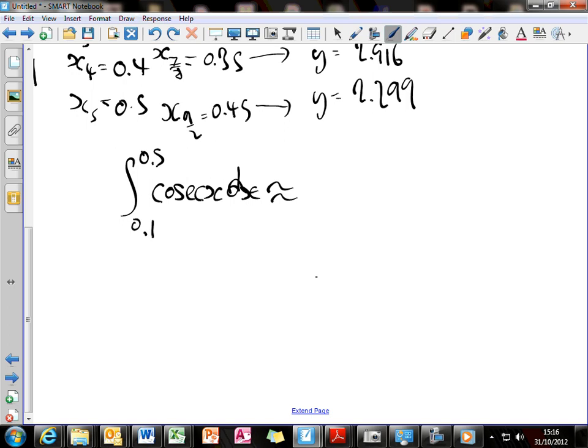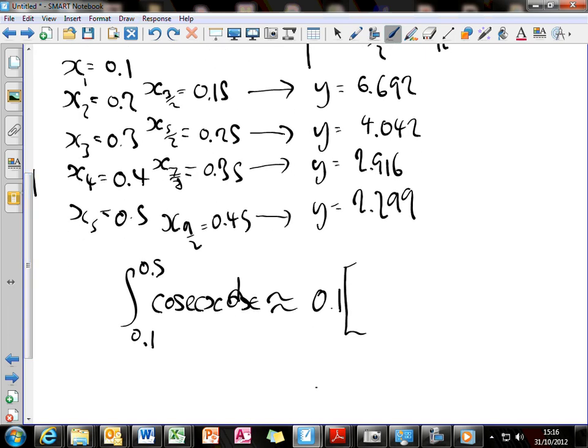In this case, the width of the strips is 0.1, just multiplied by all our y values. So it's 0.1 times 6.692 plus 4.042 plus 2.916 plus 2.299.